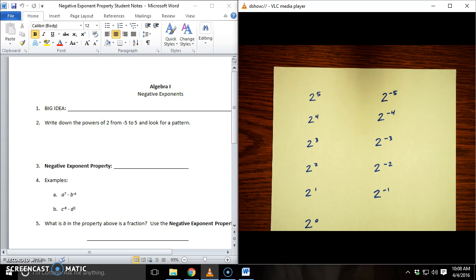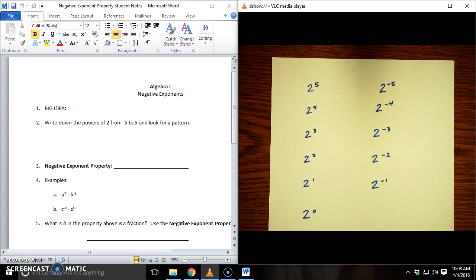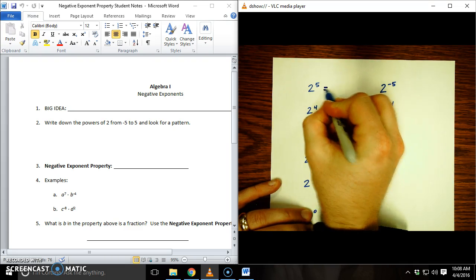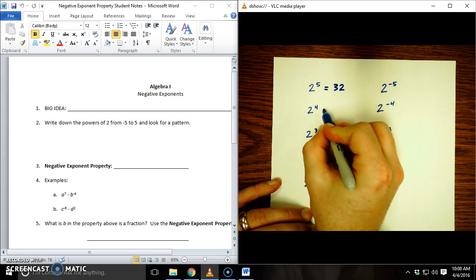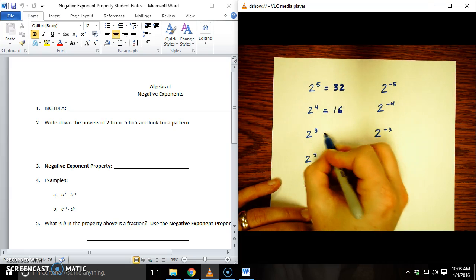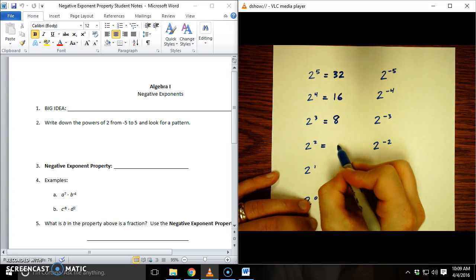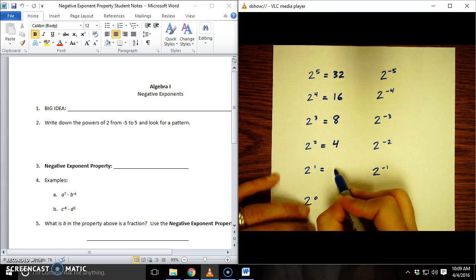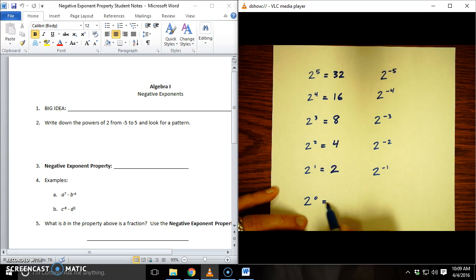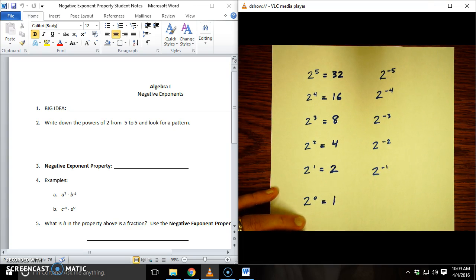We're going to look at the powers of 2 and see a little pattern here. So we're going to start with 2 to the 5th, which is 32, 2 to the 4th, which is 16, 2 to the 3rd, which is 8, 2 squared is 4, 2 to the 1st is 2, anything to the 0 power is 1.